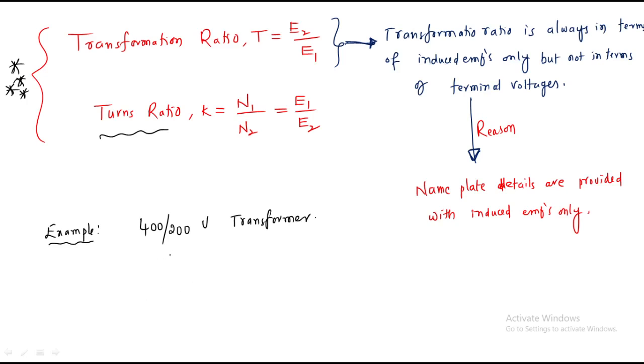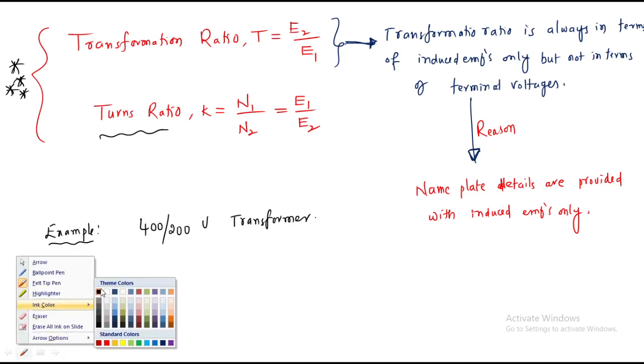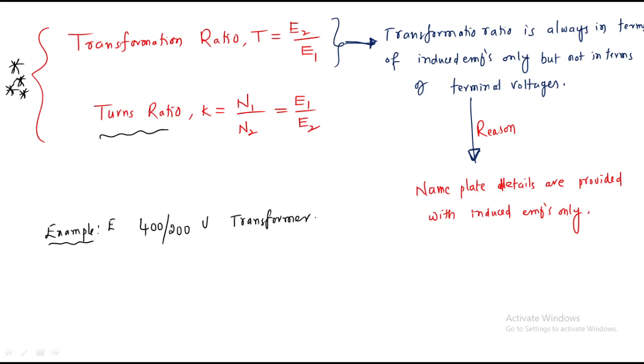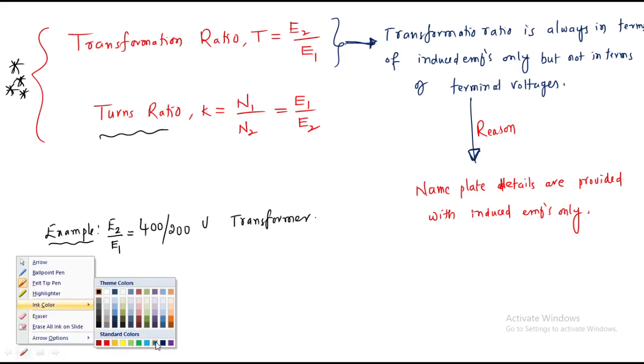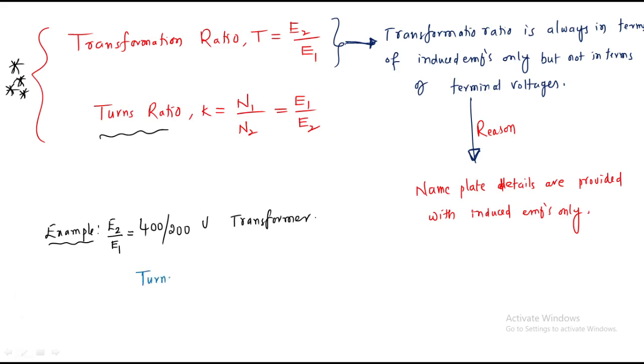So from this we can write E2 by E1 equals 400 by 200 volts. This 200 volts comes under self-induced EMF, and this 400 volts is the mutual induced EMF. Therefore, what is the turns ratio? Turns ratio K is equal to E1 by E2, which is equal to N1 by N2, which is 200 by 400, which is nothing but 1 by 2.